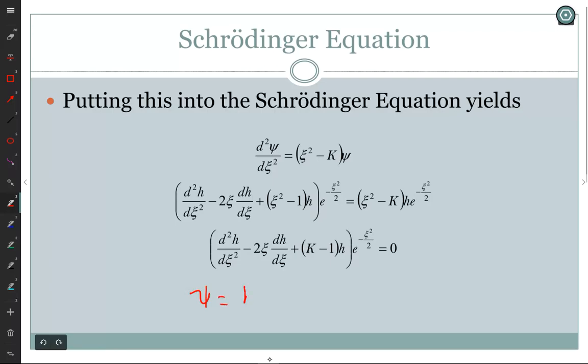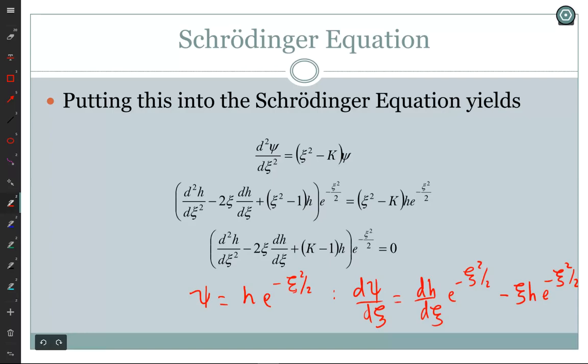So if psi is equal to h e to the minus c squared over 2, then d psi dc is equal to dh dc e to the minus c squared over 2 minus c h e to the minus c squared over 2.